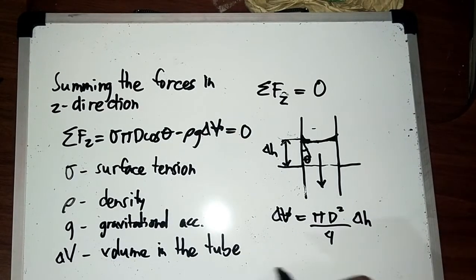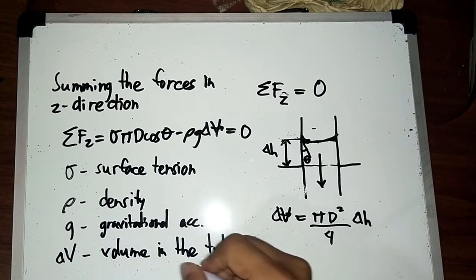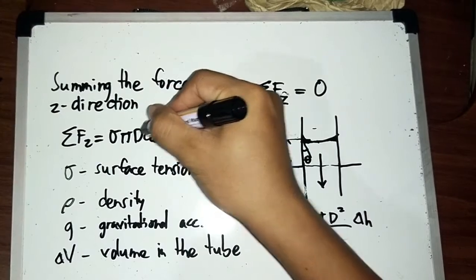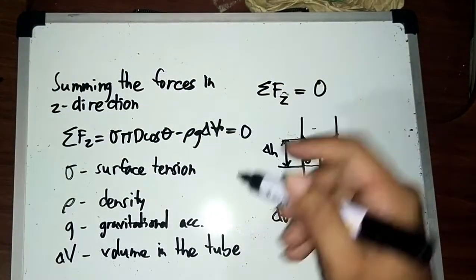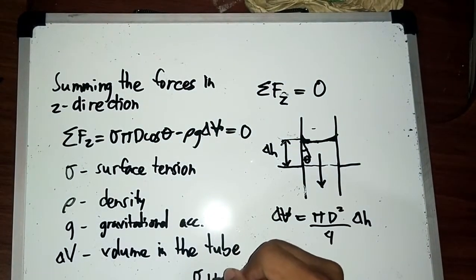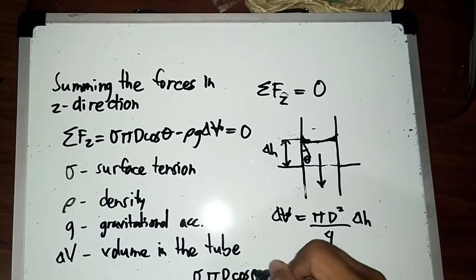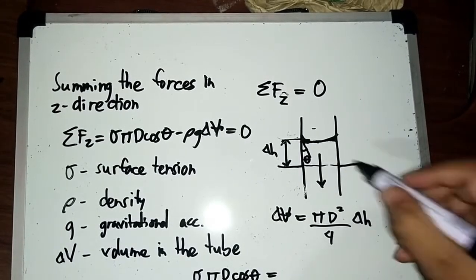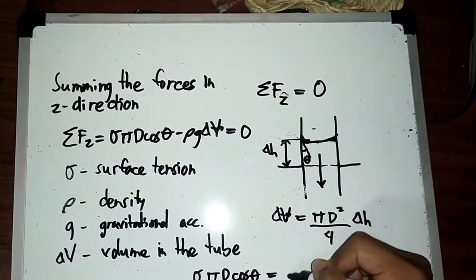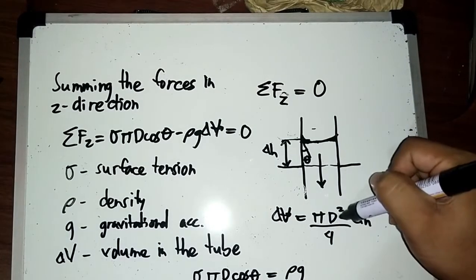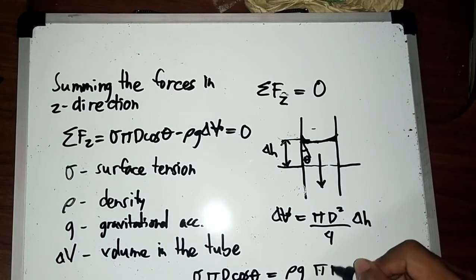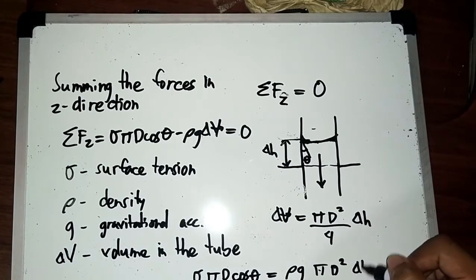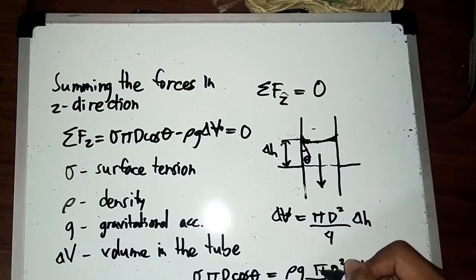Then from the general equation, the summation of forces, we have sigma pi d cos theta is equal to rho g delta V. This delta V is equal to pi d squared delta H divided by 4.